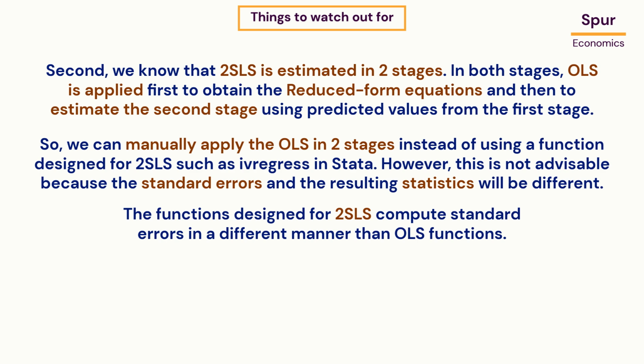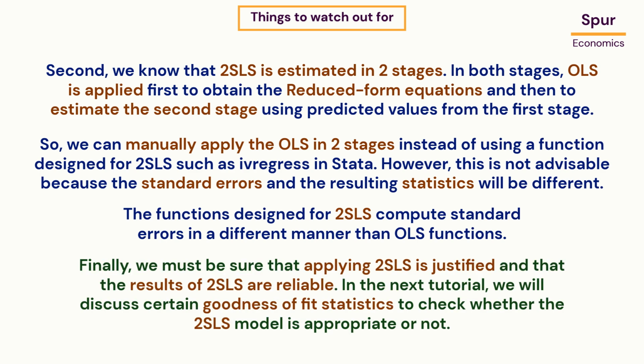However, this is not advisable because the standard errors and the resulting statistics will be different. The functions designed for 2SLS compute standard errors in a different manner than OLS functions. Finally, we must be sure that applying 2SLS is justified and that the results of 2SLS are reliable. In the next tutorial, we will discuss certain goodness of fit statistics to check whether the 2SLS model is appropriate or not.